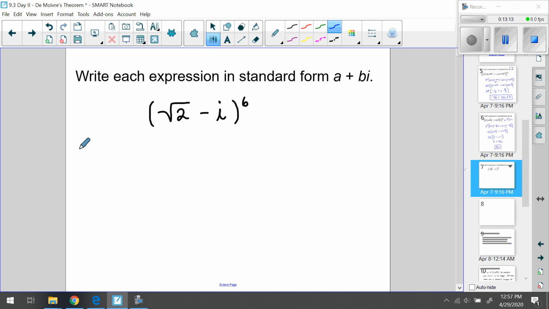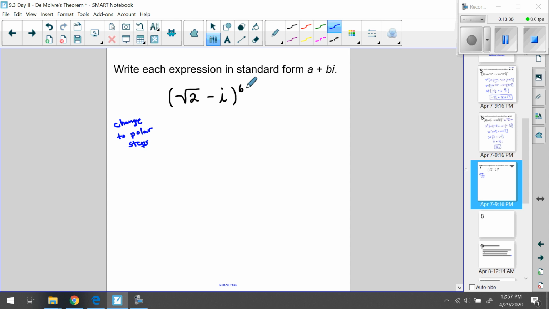And so that's what we're going to do. We're going to change this number to polar form, because we already have a way of changing this to a plus bi form. So that'll be step 1. If you have a problem like this, you're just going to have an extra step, or maybe an extra couple steps, because changing to polar form is a multi-step process.